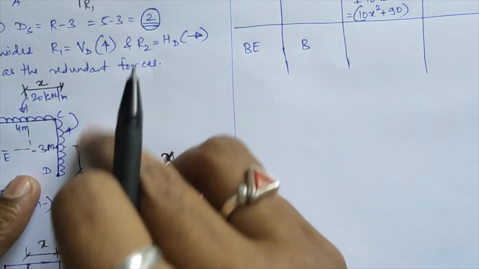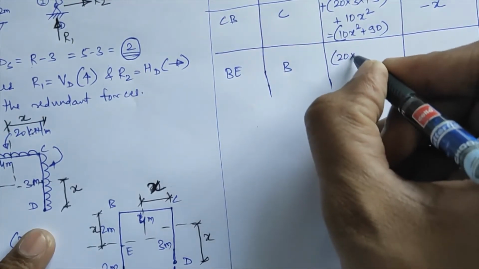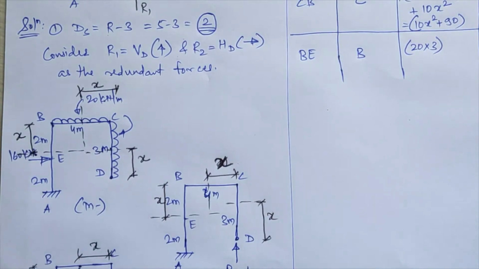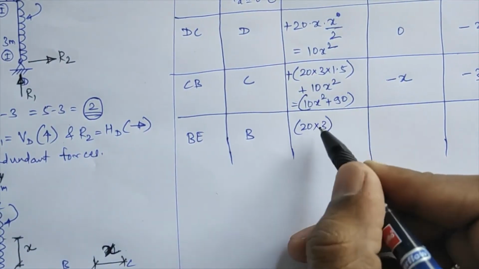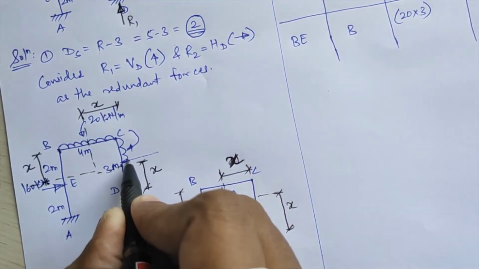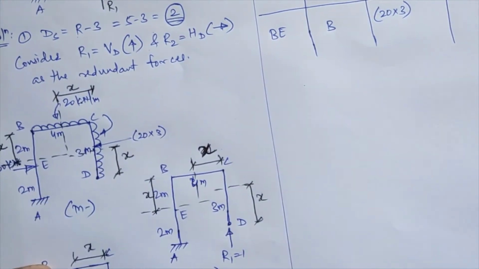So the moment of this span CD UDL comes equal to 20 into 3, but here your lever arm will not be the distance of half of 3. This 20 into 3, the UDL we have calculated, will be at half of this 3, that is somewhere here. This is your 20 into 3, right?